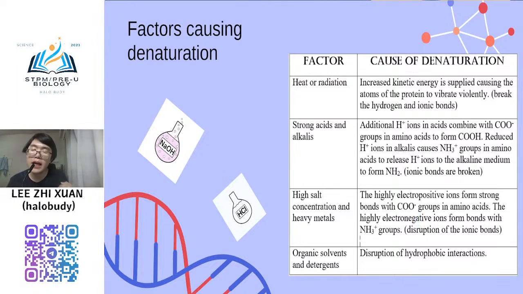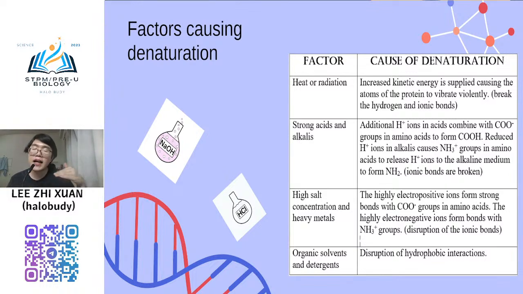If they are highly electropositive, normally they are metal ions, like sodium ion, potassium ion, magnesium ion, zinc ion, copper ion. All these are highly reactive compared to hydrogen ion.